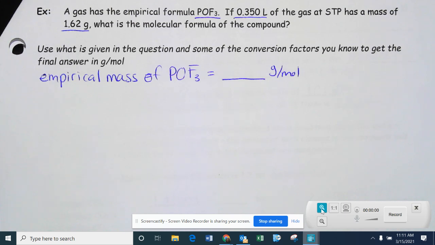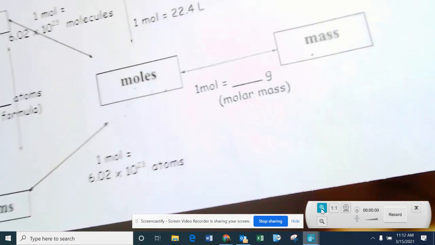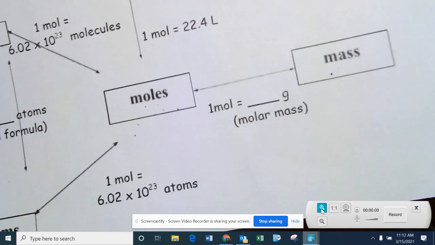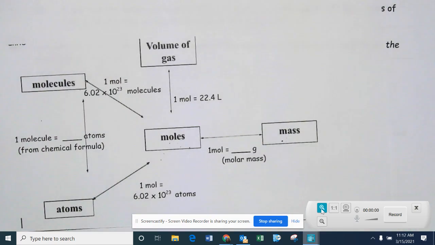Empirical mass of POF3. Does everybody have an empirical mass?